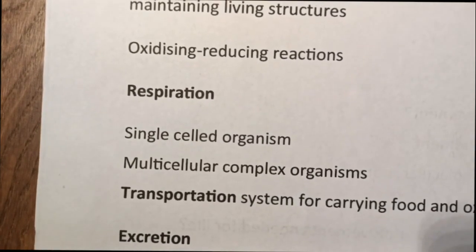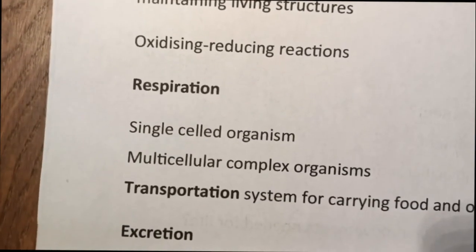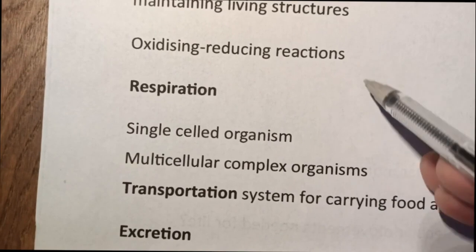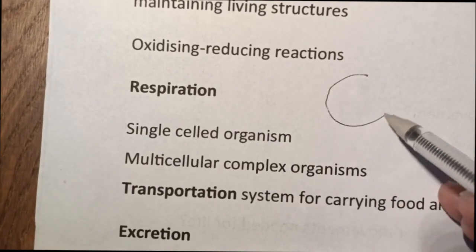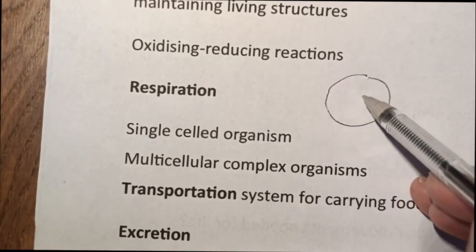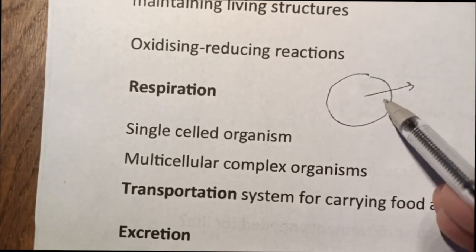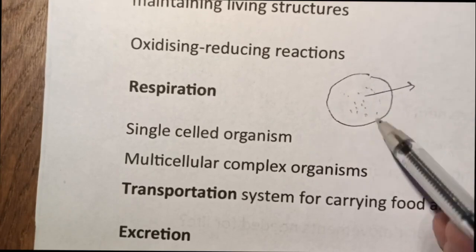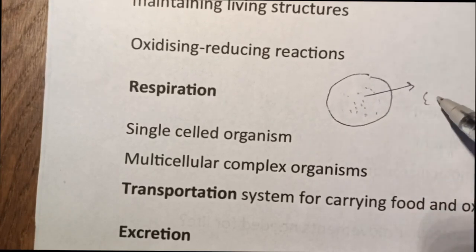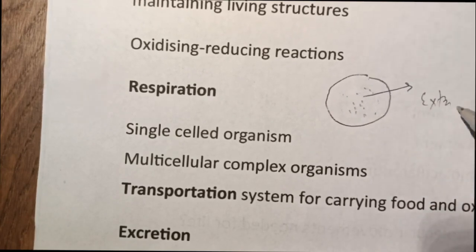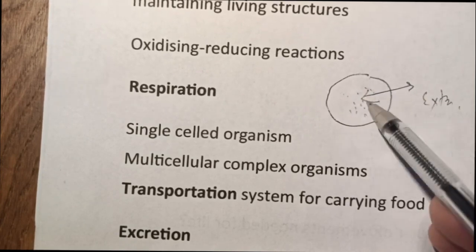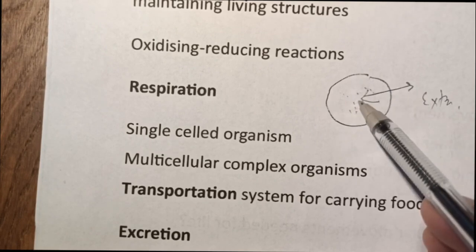Now, in case of a single-celled organism, this all takes place by direct diffusion between the intracellular environment and the extracellular environment. So there is a direct diffusion. Oxygen and carbon dioxide, they cross directly.